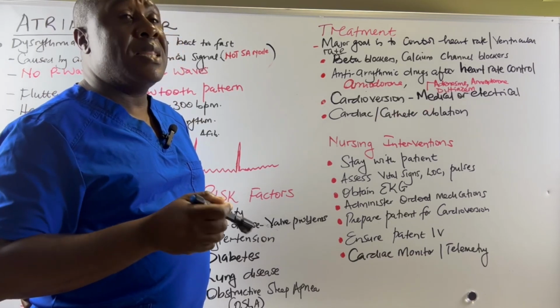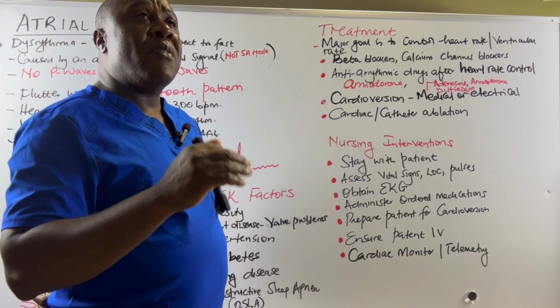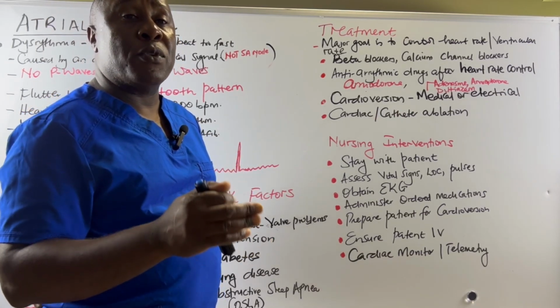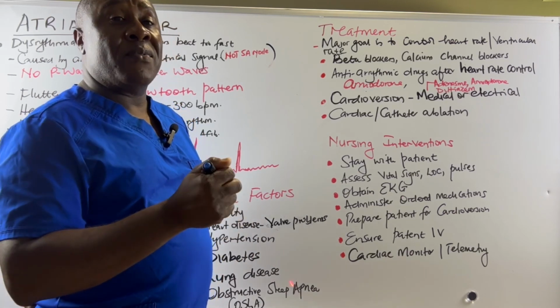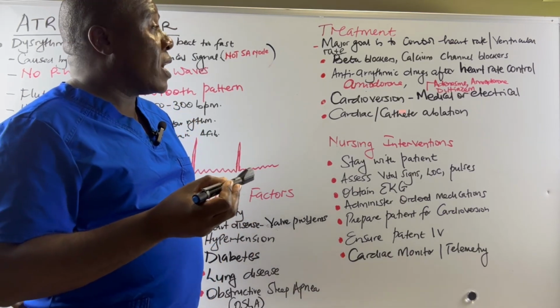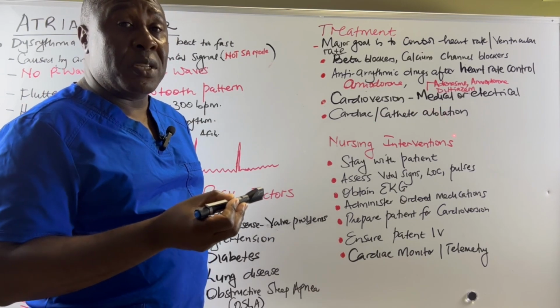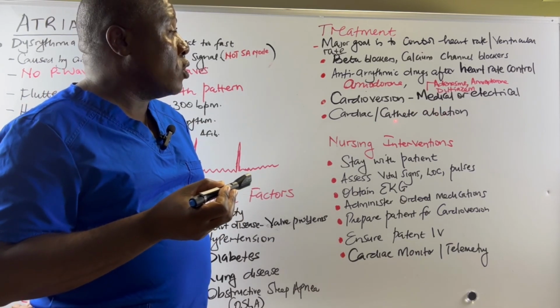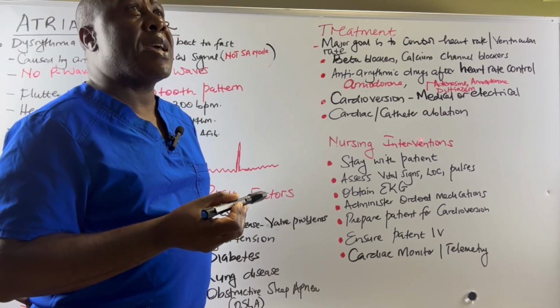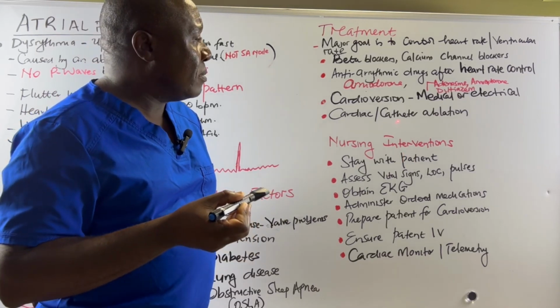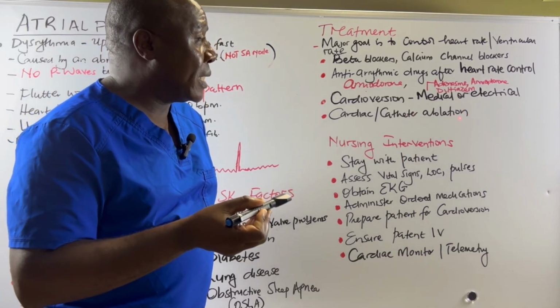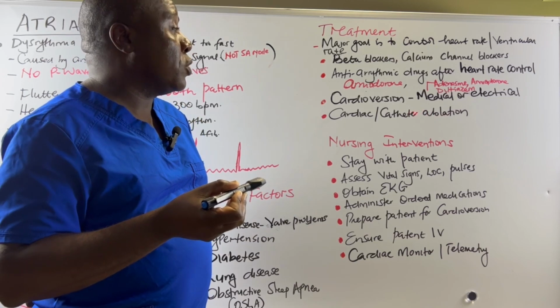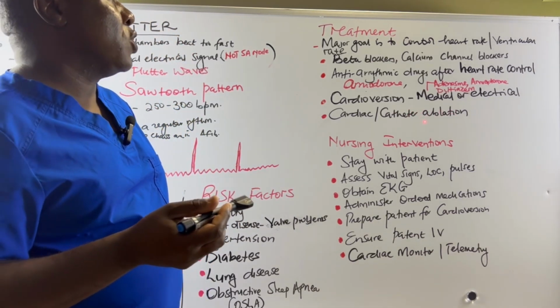Remember, we said that in this rhythm, we have abnormal electrical signals produced by cells other than the SA node. So we can destroy those cells by use of laser beams, so that they do not produce that abnormal electrical signal.